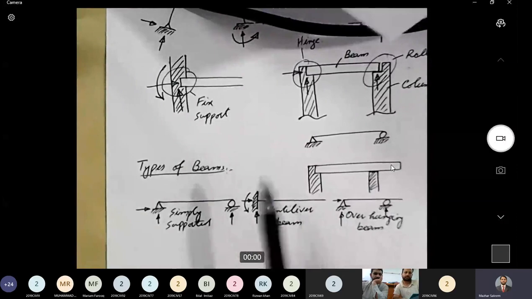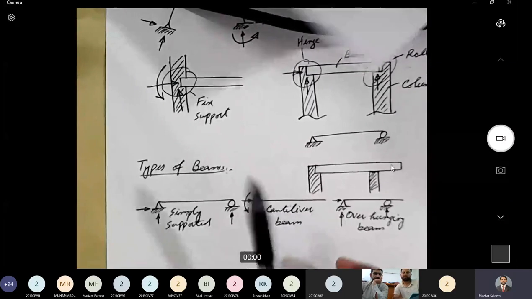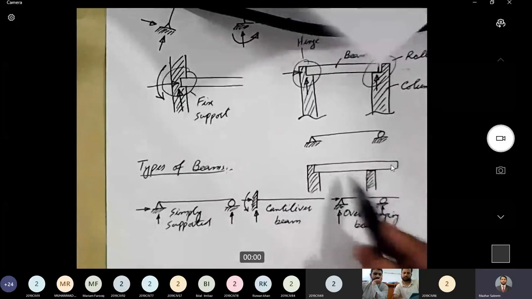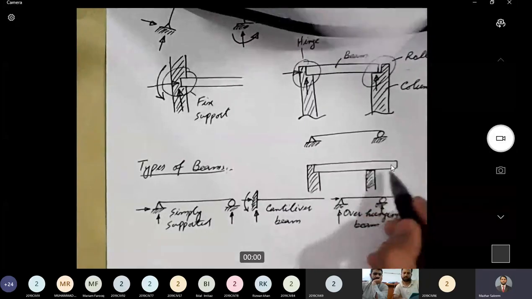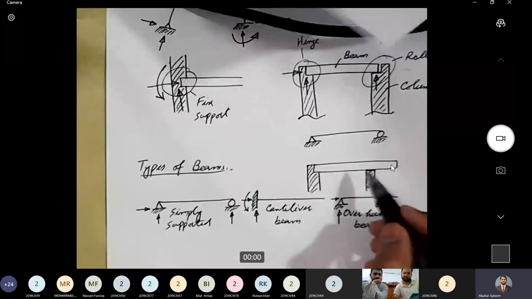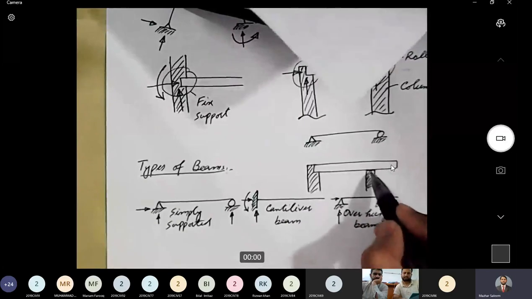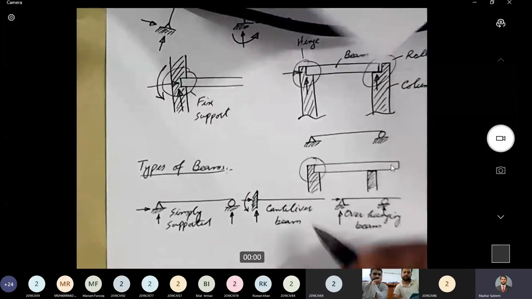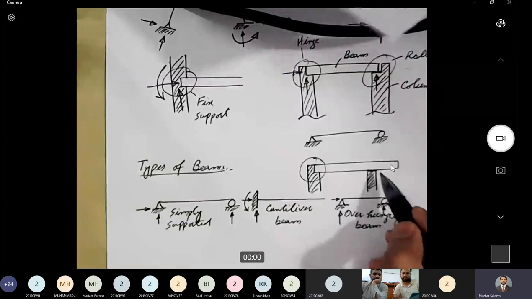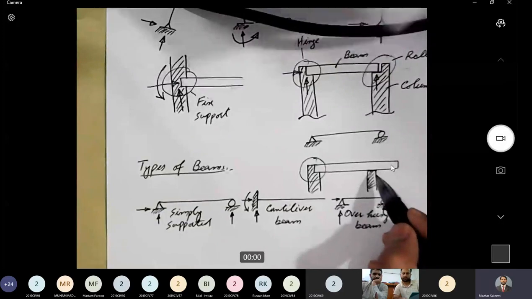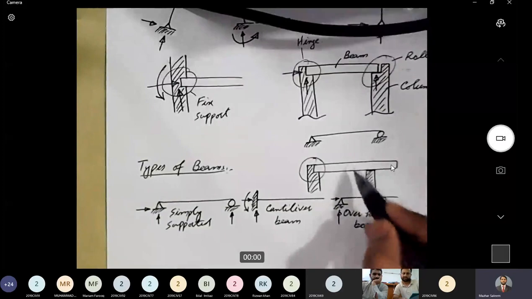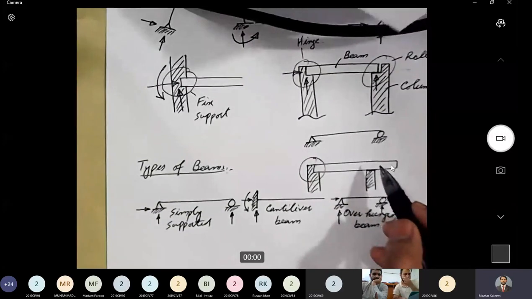But practically, these supports are not so distinct. Even with exactly the same arrangement, because the slab or beam has significant self-weight, it will generate some horizontal reaction here. Although that will be small, not as large as at this end, some horizontal reaction will be there. So strictly speaking, it will not be a roller support. But for analysis, for simplification, we will consider this as a roller support.